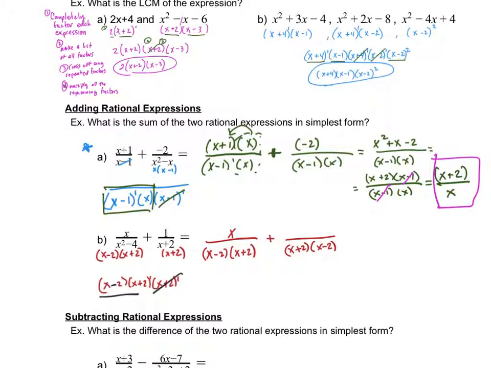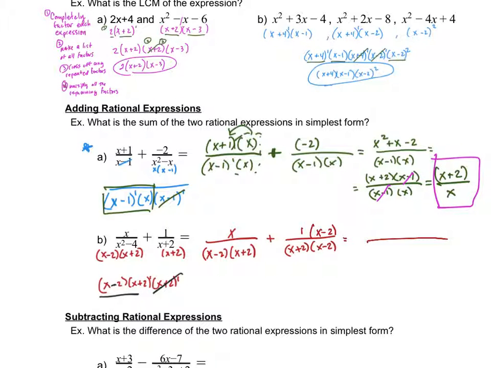But on the second expression, I used to have x plus 2, and now I've multiplied it by x minus 2, so I need to make sure that I multiply both the numerator and denominator by that, and then of course I had a 1 there to begin with.